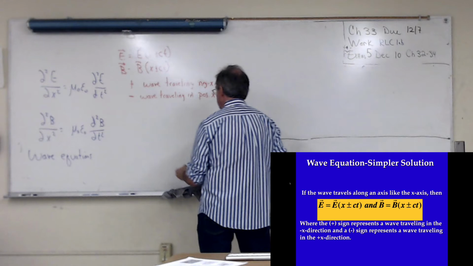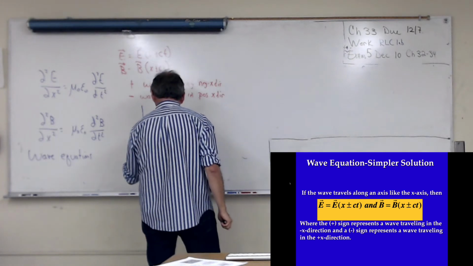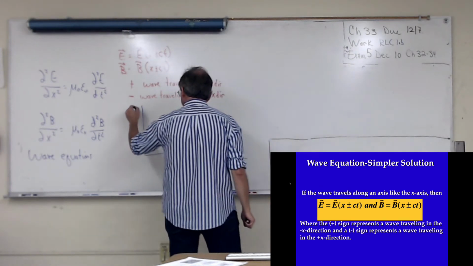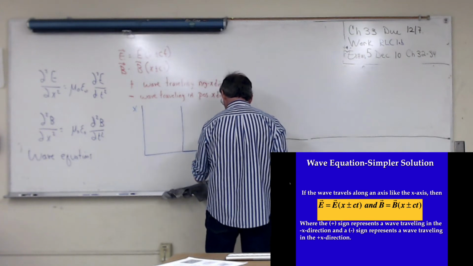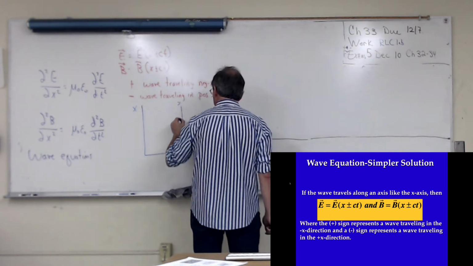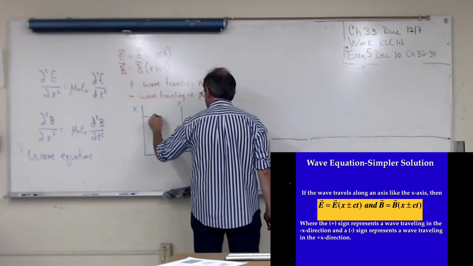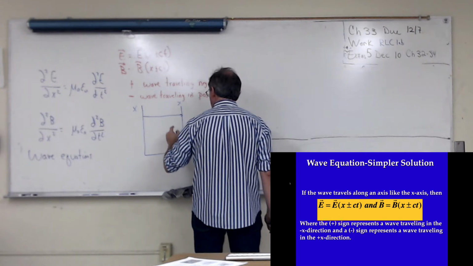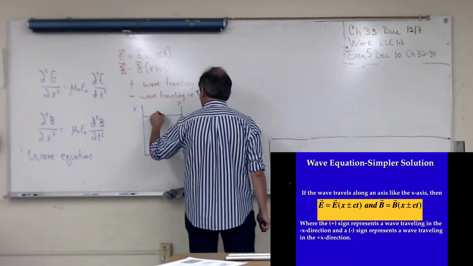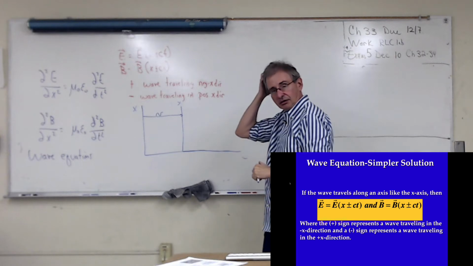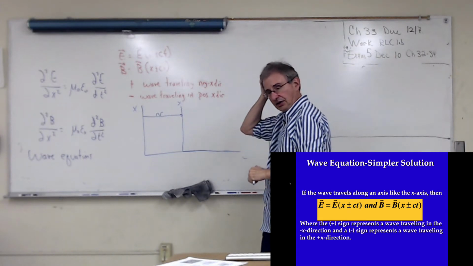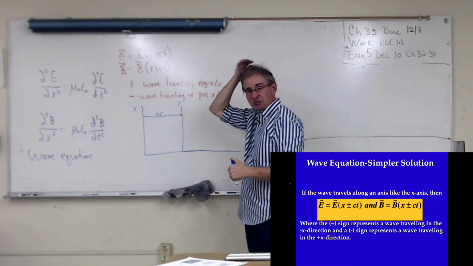So let me choose two coordinate systems. Here's x. Here's x prime. x prime is moving to the right with speed, let's look at the case where it's moving with speed v, okay? Let's not worry about the fact that it's moving with the speed of light.